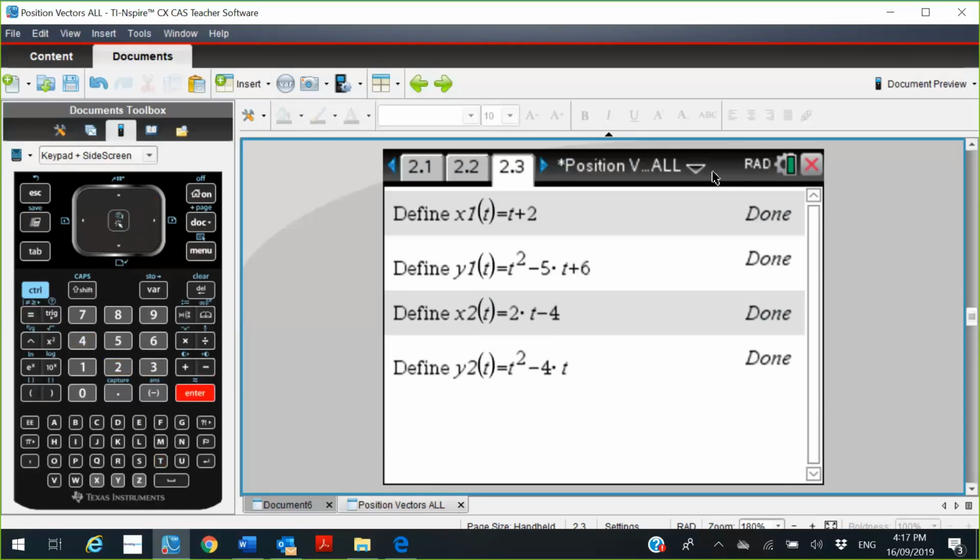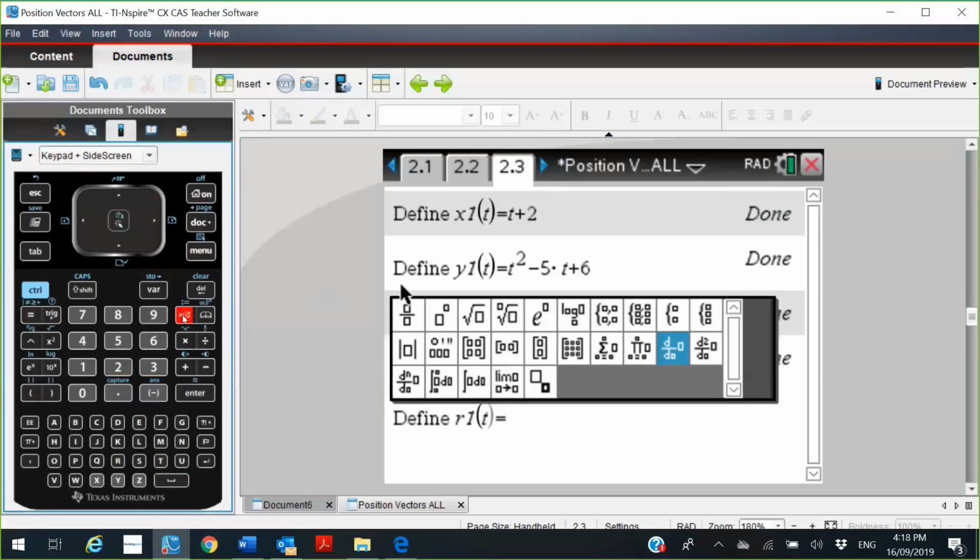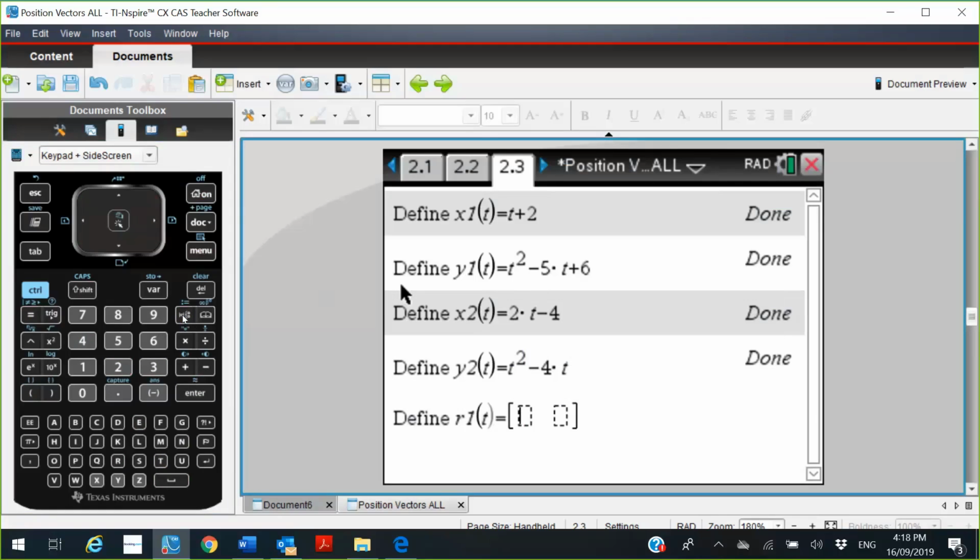Now we're going to call ship 1 R1 and ship 2 R2. So as in the last example, we'll define R1 of t equal to the matrix, and the matrix is a 1 by 2. We get that from next to the book command. So we'll scroll across till we get the 1 by 2 matrix.